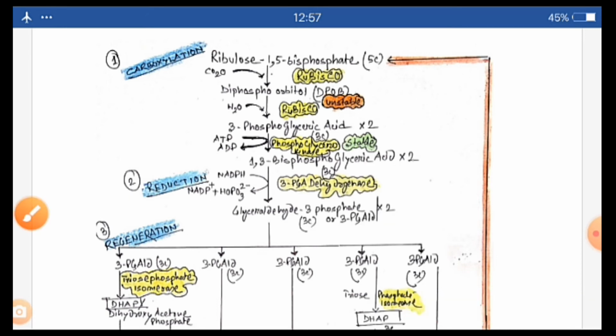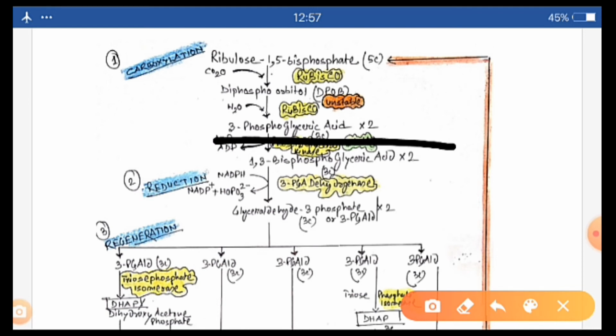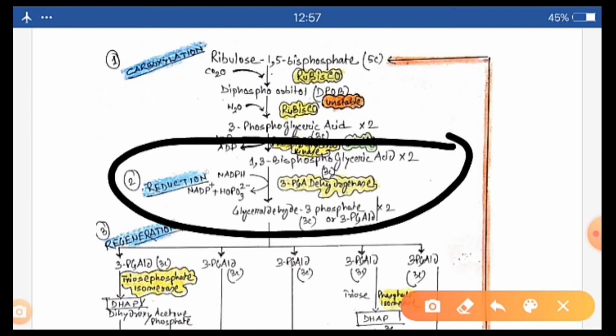Okay, that is, we may say that 1,3-bisphosphoglyceric acid is reduced to glyceraldehyde 3-phosphate with the help of NADPH, and the reaction is catalyzed by 3-PGA dehydrogenase enzyme.